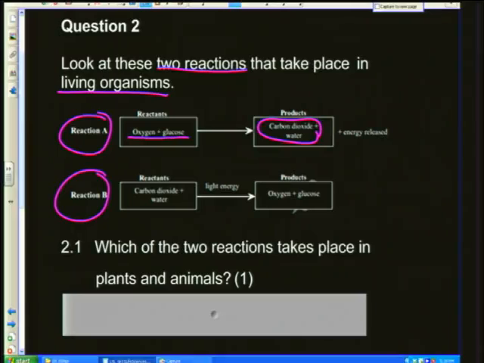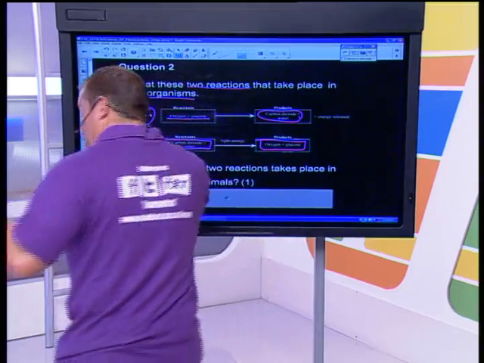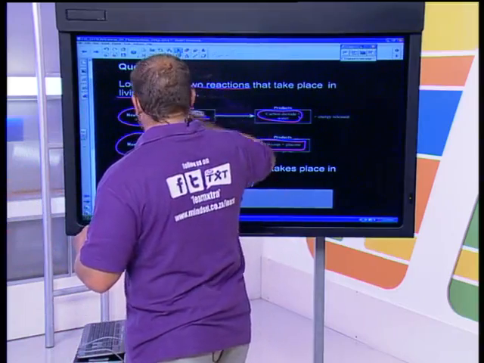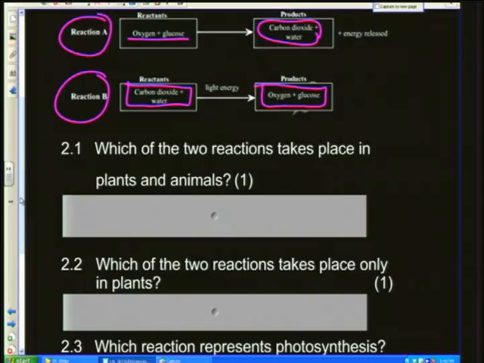That's what it says there. Next one, reaction B: we're taking carbon dioxide and water, and we're making oxygen and glucose. So it's the complete opposite. Which of these two reactions take place in plants and animals?